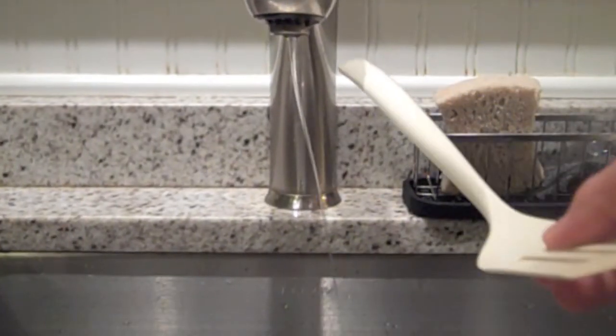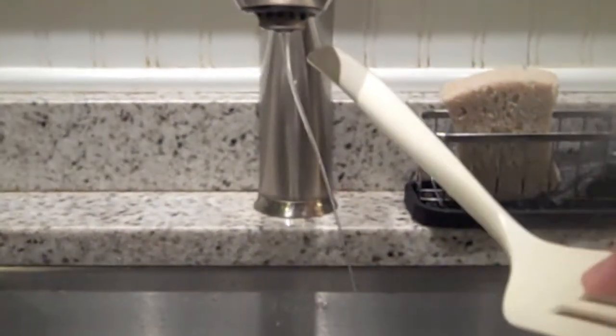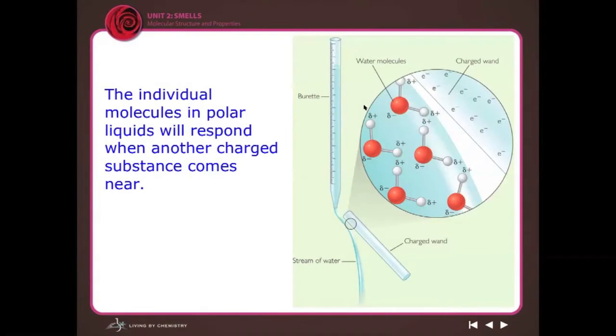So let's see. Whoa, and I can bend that water. If we took a look at what was happening, this is our stream of water coming down, and this would be our charged wand or our spatula. I've charged up the spatula with the hat, and now we've got a lot more electrons sitting on the surface of that wand. That's creating a negative static charge.